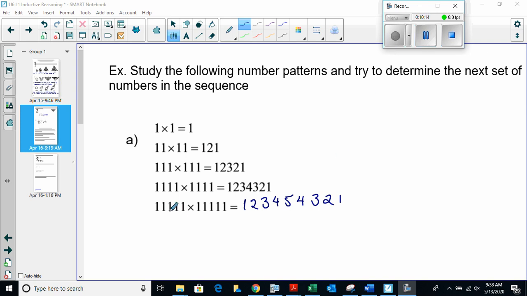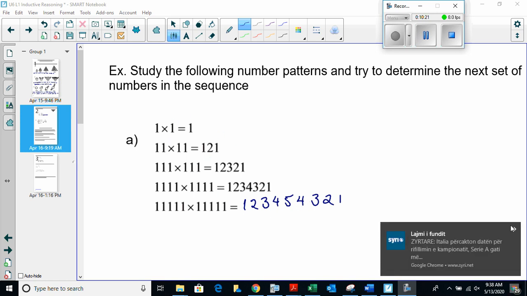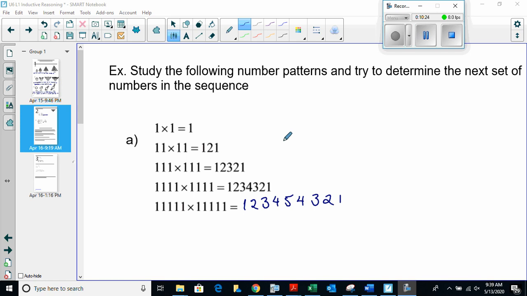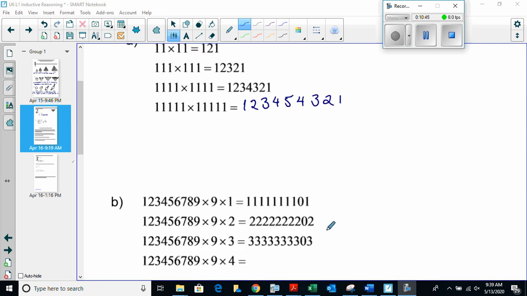So even without using the calculator, if you just see the pattern of the products of 1s, since we have 5 digits of 1 that are multiplied by each other, then the product will be 1, 2, 3, 4, 5, and then 4, 3, 2, 1. And you can check in your calculator 11111 times itself.